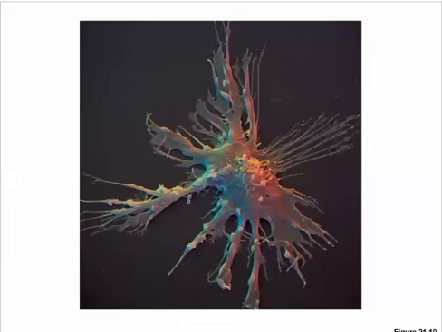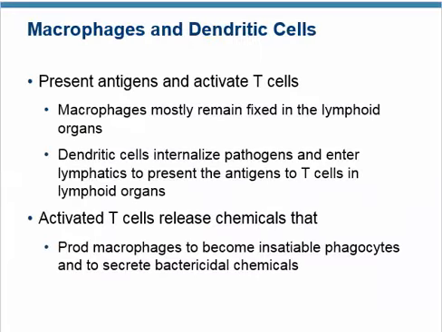Just a photograph of a dendritic cell. Okay. What their job is to do is to engulf the pathogen, present the antigen in their MHCs to the T lymphocyte.